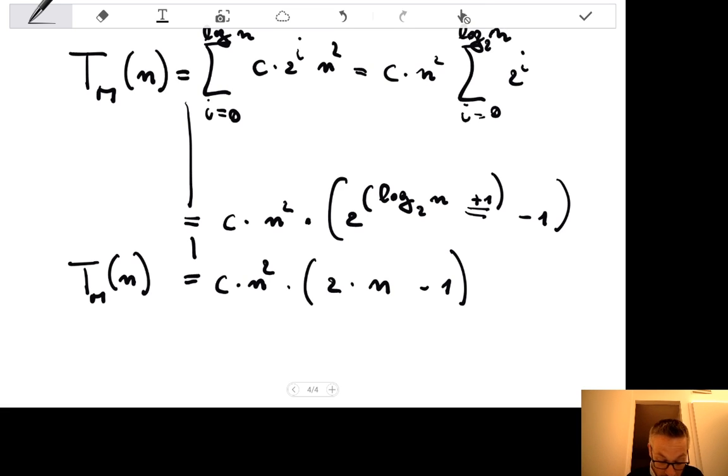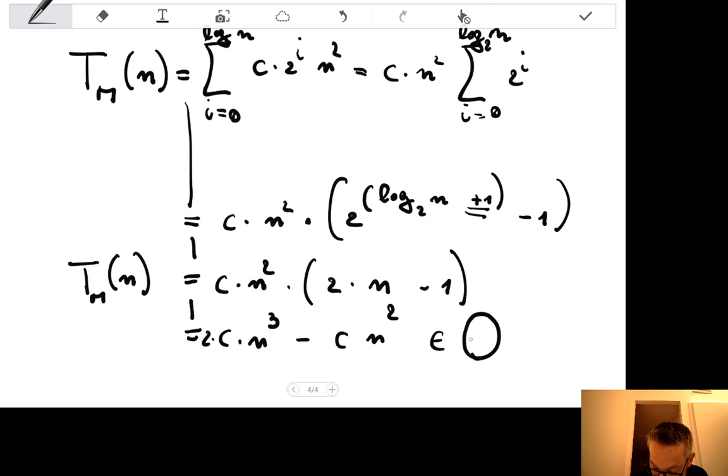Okay, so guess what? If we try to simplify it, we end up with c multiplied n cube minus c n square, which of course belongs to theta of n cube.